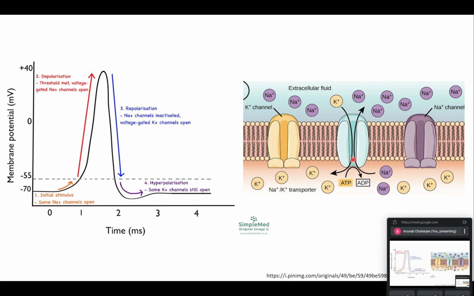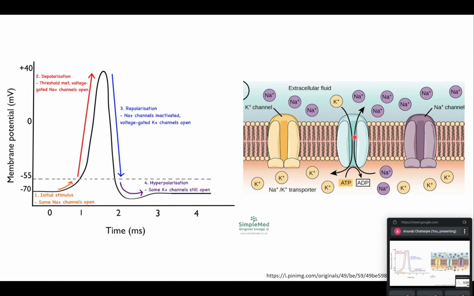Just for information, we previously have seen that a cell essentially is a barrier which has a different ionic concentration inside as opposed to outside. There are a lot of sodium ions present outside the cell and a very limited amount inside, and a lot of potassium ions present inside the cell and few outside.